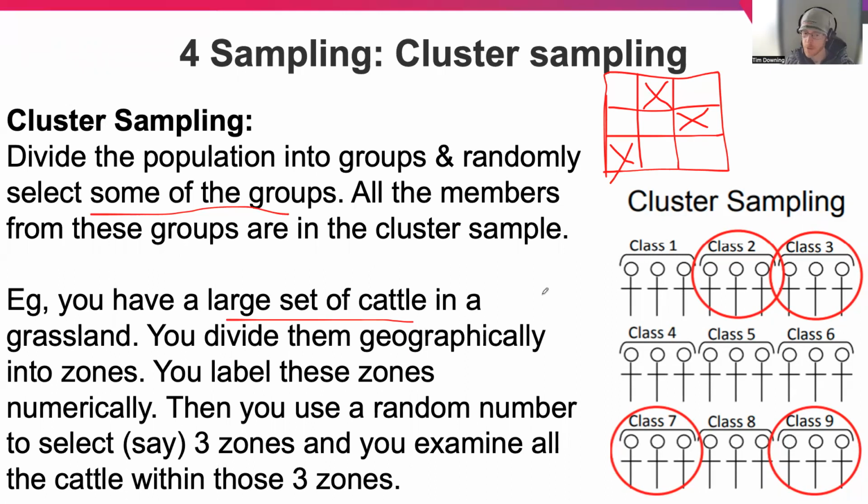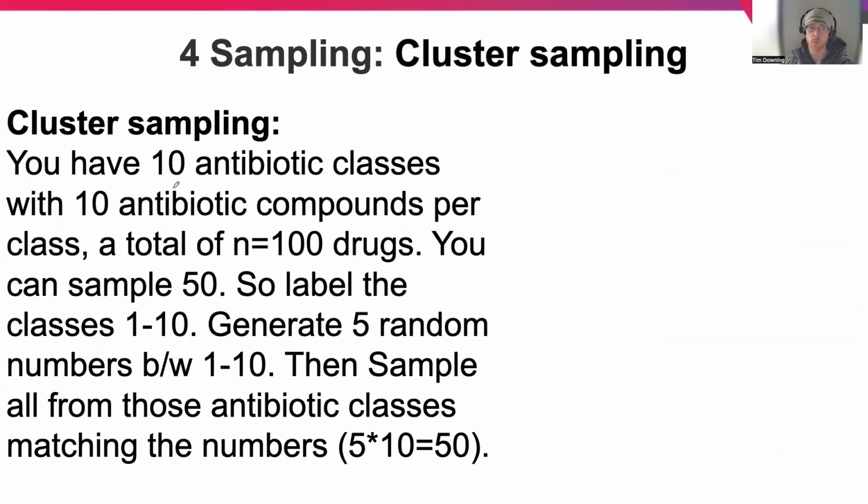So it depends on what question we're asking. Another example would be, let's say we have 10 antibiotic classes of interest, and each contains 10 compounds. So you have 100 in total, and you're going to sample 50. Cluster sampling, in contrast to random sampling, would mean that we generate 5 random numbers for those classes, and we sample all the antibiotic compounds within those classes as part of our sample.